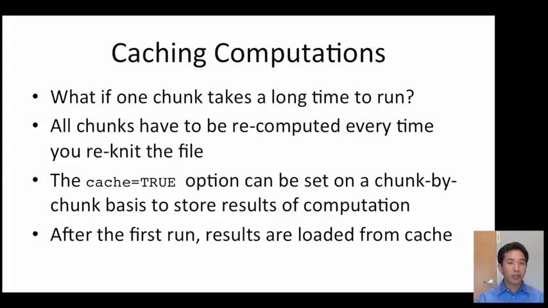You can set cache equal to true, and what will happen is that for that code chunk, the first time you process the document, it will have to run the code in order to figure out what the output is. But then it will store that output on the disk, and so the next time you process the document, as long as nothing has changed, it will load the results from the disk, which is typically a lot faster than having to redo all the computations again. So this will save you a lot of time if you're doing this over and over again.